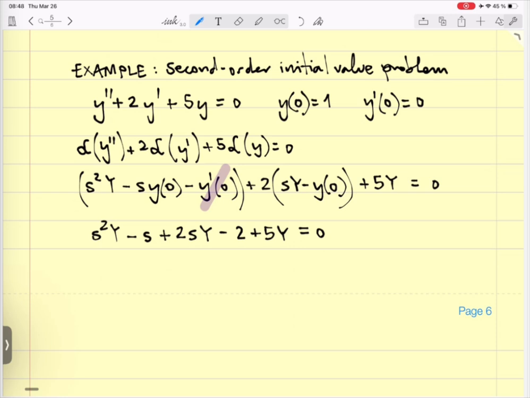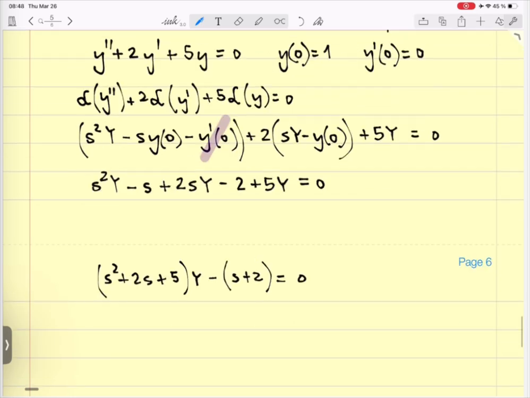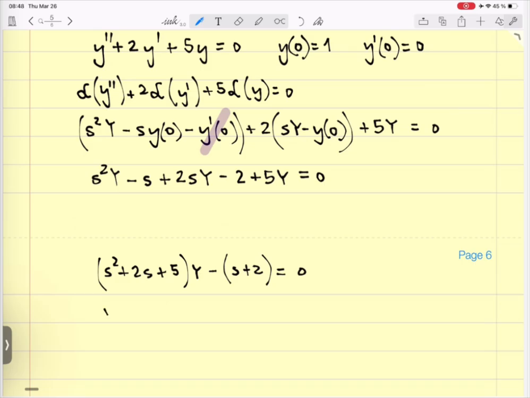So what we get is that s squared plus 2s plus 5 times I minus s plus 2 equals 0. So what we get is that I of s is s plus 2 divided by s squared plus 2s plus 5.